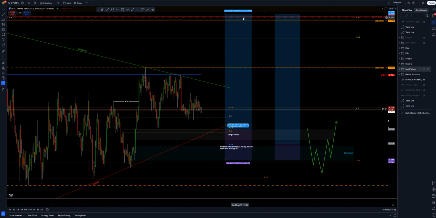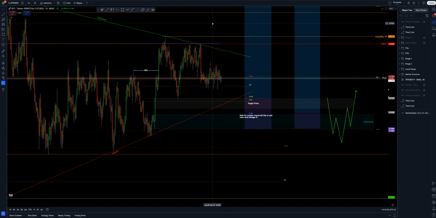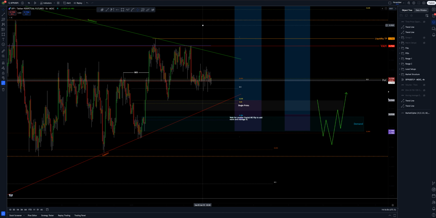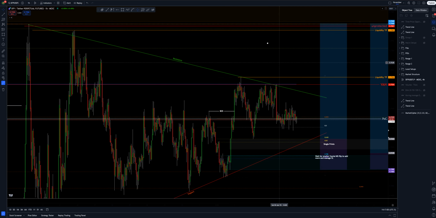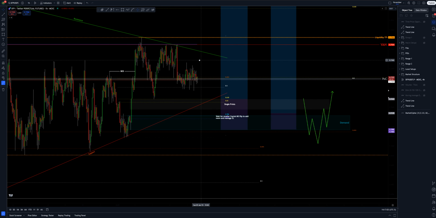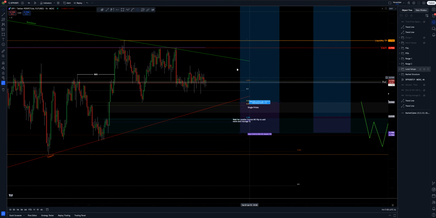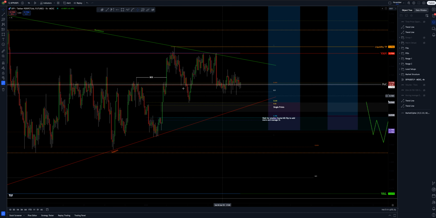Personally, I'd look to add on a retracement after I take my profits. Look for bullishness again and target those other levels as we begin to break higher. This is really the setup I'm looking forward to. This is our local market structure, our local confluence.